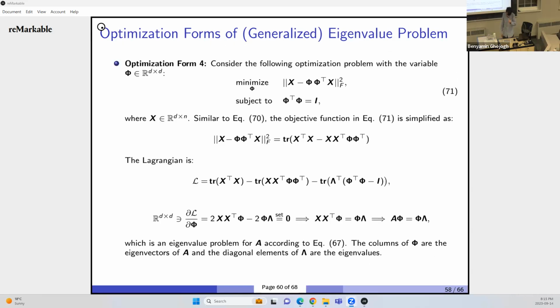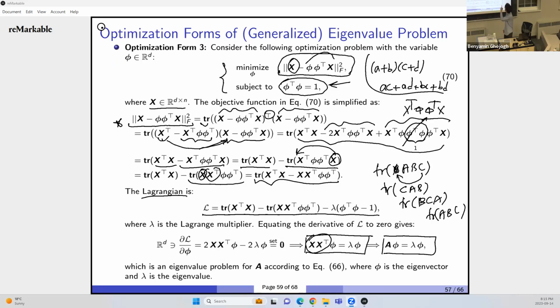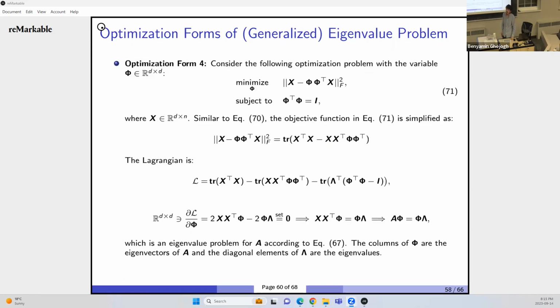Now we had phi here, only one vector. Let's make it a matrix. We will use them a lot during the course. This is just preliminary.